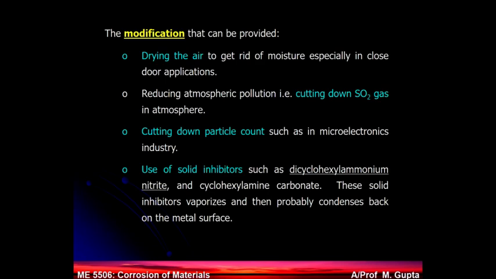We can do that in an air-conditioned room by keeping it at less than 40% humidity. So we can, in a way, dry the air to minimize the corrosion. We can cut down the sulfur dioxide gas in the atmosphere. I'll show you examples of what the governments of different countries are doing to minimize sulfur dioxide emission. Cut down the particle count, both outside and inside.